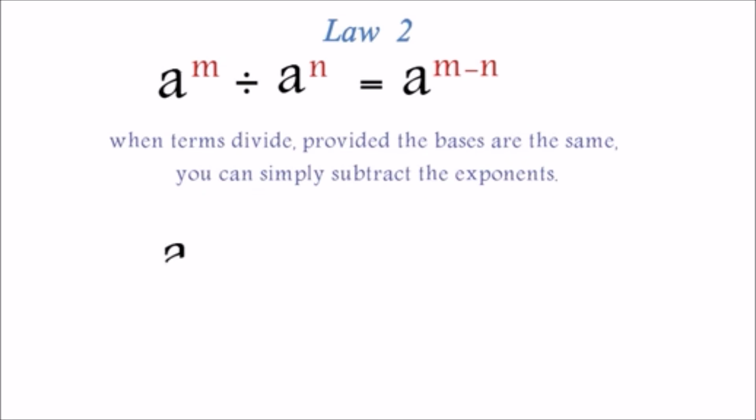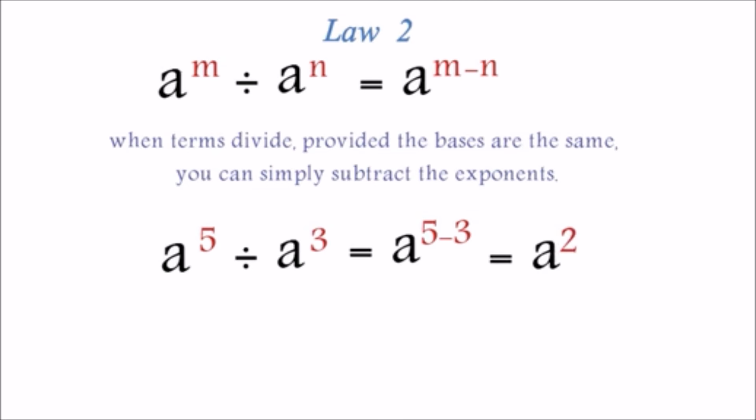Example, a exponent 5 divided by a exponent 3 equals a exponent 5 minus 3, which is equal to a squared. Here you'll see that we just subtracted the exponents.